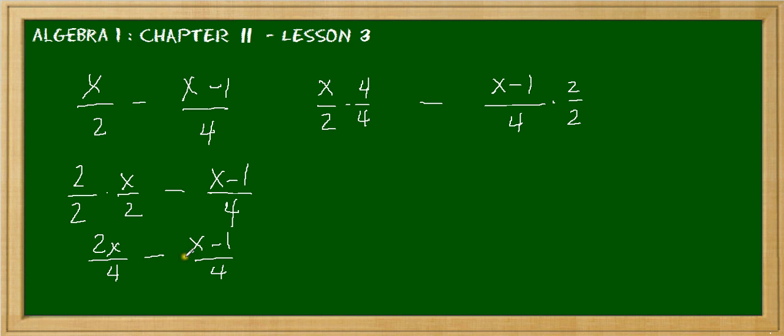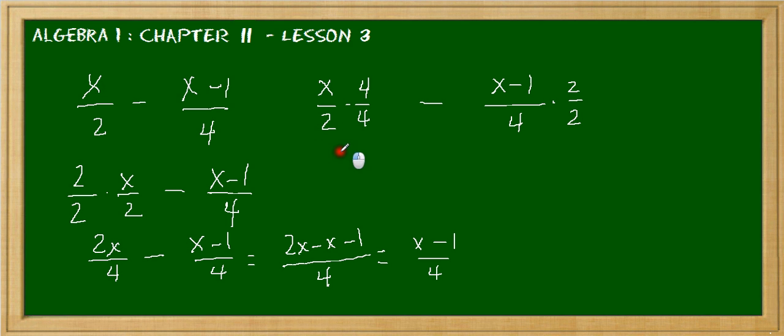And we can certainly continue to simplify this by simply writing 2x minus x minus 1 over 4. Okay, and when we subtract x from 2x, what do we end up with? Well, it's going to be x minus 1 over 4. So I did it the way they did it, but I want to reinforce this whole issue that we've been having with using the denominator.